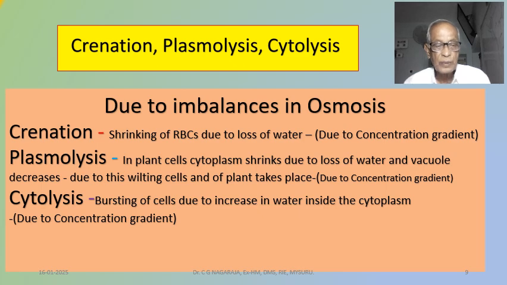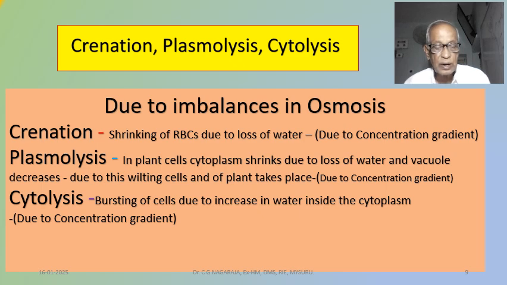These three phenomena happen due to imbalance in osmosis. That means imbalance happens because the distribution of molecules between inside and outside will be different. You know, when you say osmosis, it is the movement of water molecules.